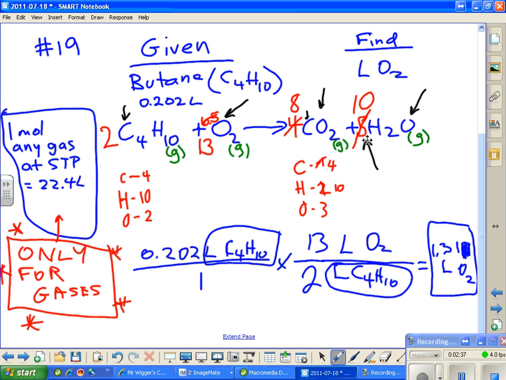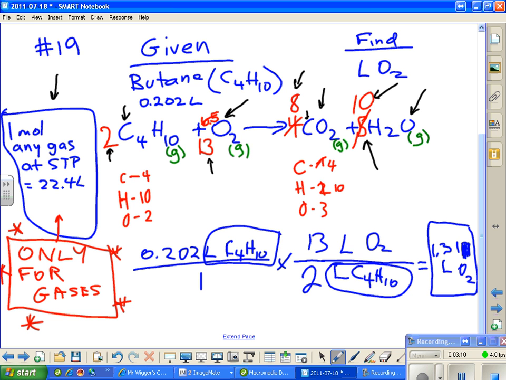So that's why we have a coefficient of 2 here and a coefficient of 13 here, because that's 2 times the 6.5. We have the coefficient of 8 here and a coefficient of 10 here. So that was the balancing we did there. And the reason you see this here is to tell you that, no matter what the gas is, for gases, 1 mole of any gas at the same temperature and pressure is equal to a mole of any other gas.